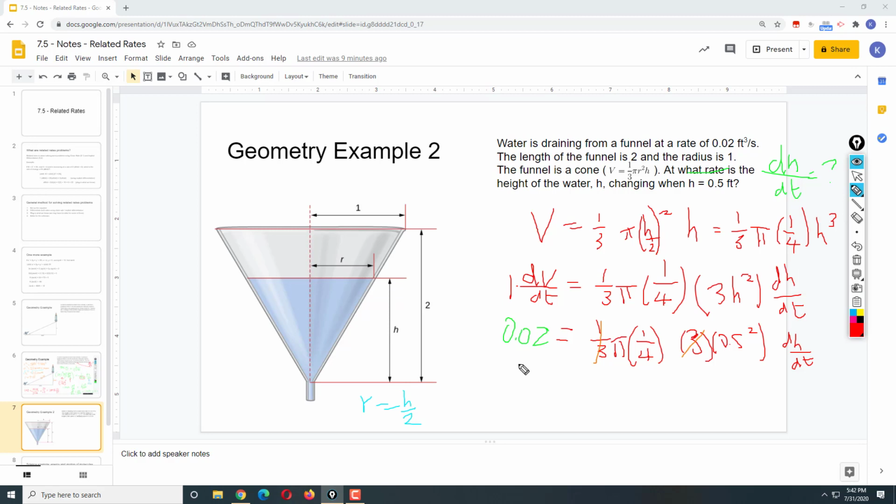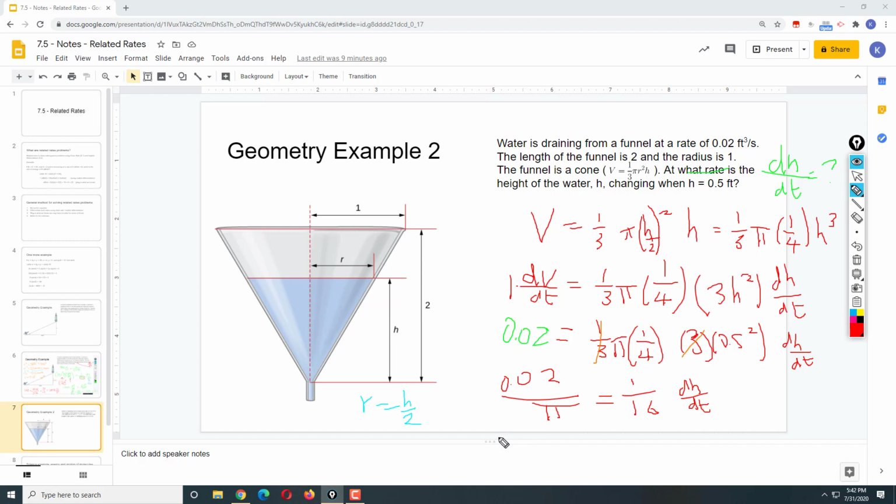So we finish the algebra, and we get 0.02 over pi equals, we have 1/4, and here's 0.5 squared, which is 1/2 squared, which is also 1/4. So all of this is 1/16 times dx over dt.